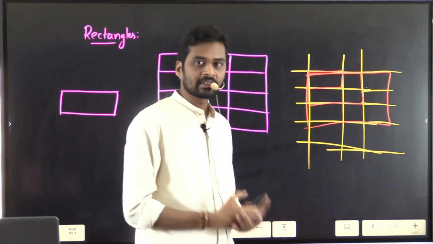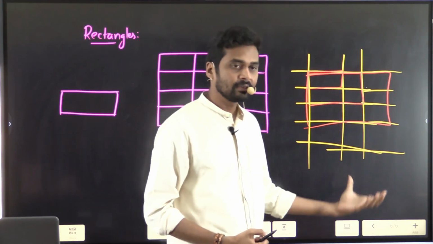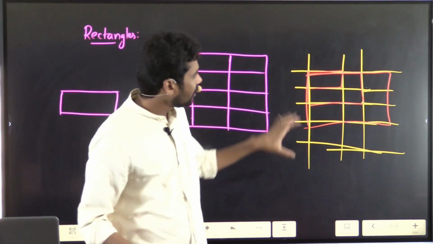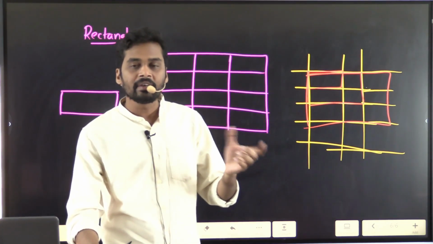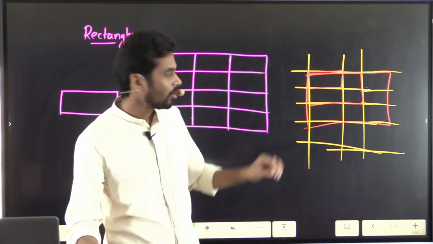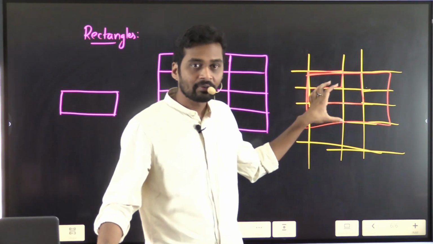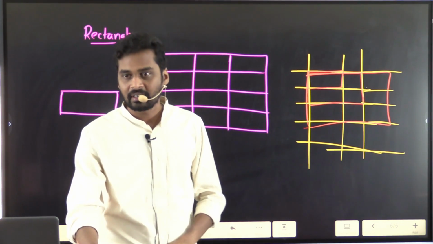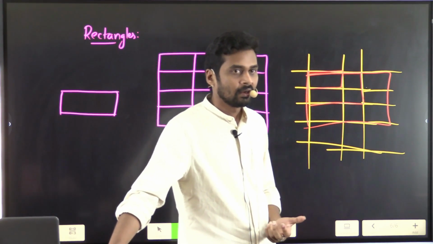To construct a rectangle, we are taking 2 horizontal lines and 2 vertical lines, which is nothing but, out of the given number of horizontal lines, selecting any 2 horizontal lines. And similarly, I am selecting 2 vertical lines.